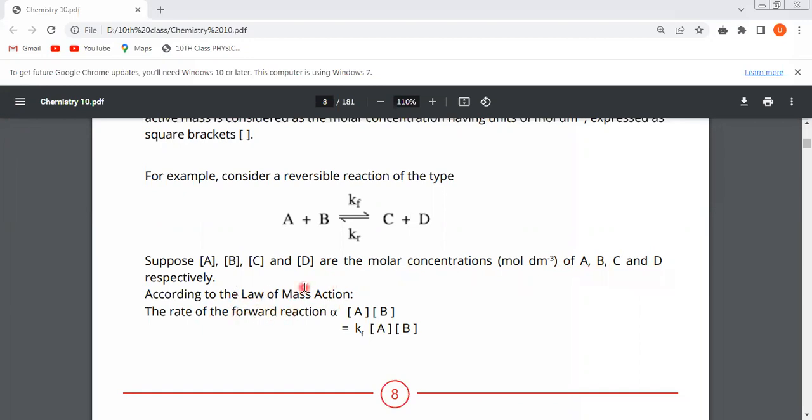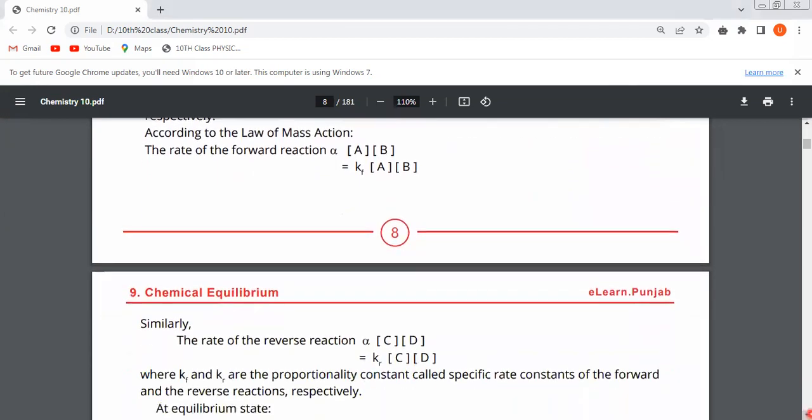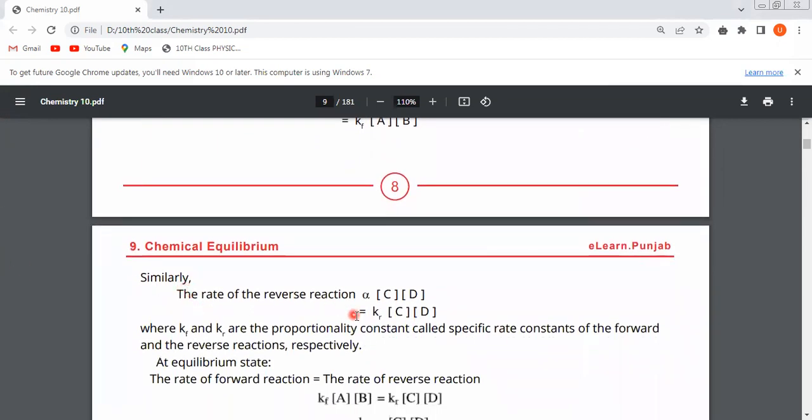According to the law of mass action, the rate of forward reaction is proportional to [A][B], that is, equal to KF[A][B]. Similarly, the rate of reverse reaction is proportional to [C][D], equal to KR[C][D], where KF and KR are the proportionality constants called specific rate constants of forward and reverse reaction respectively.